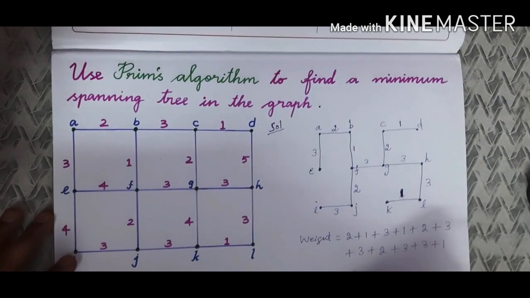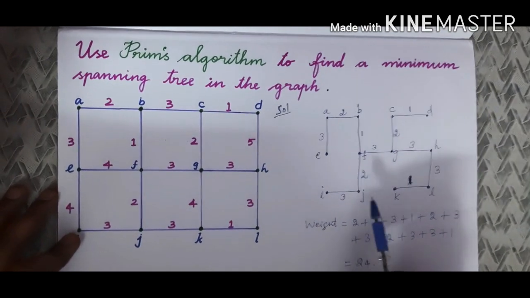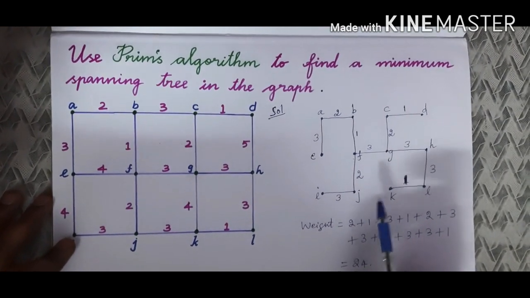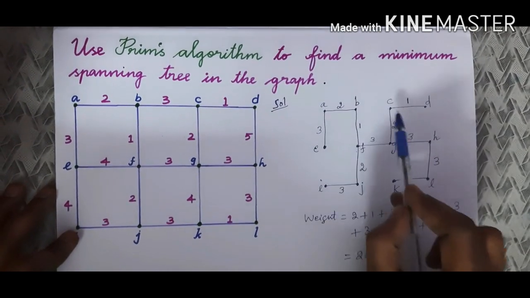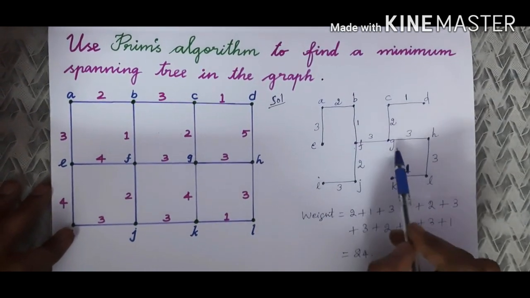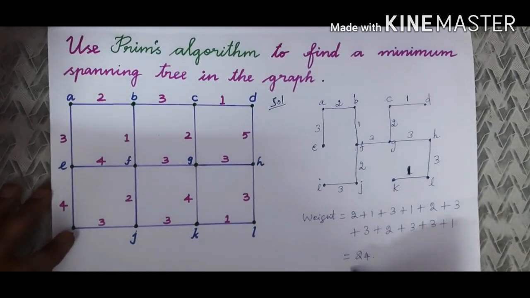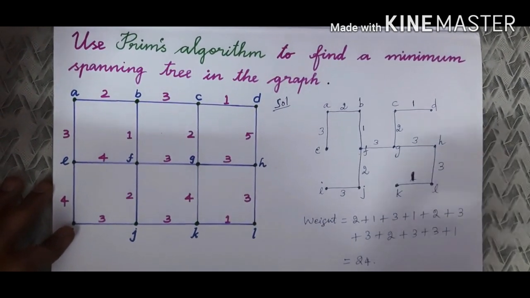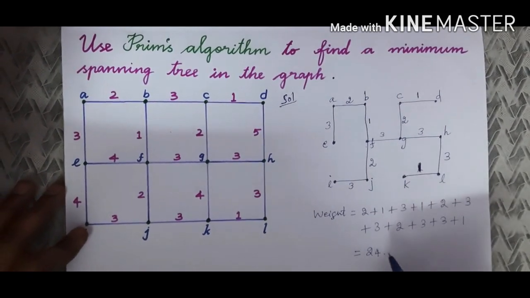The count is 24. Now this is the required minimum spanning tree, because look at the tree, all the vertices are covered: A, B, C, D, E, F, G, H, I, J, K, L, and the weight is also minimum. So this is the required minimum spanning tree using Prim's algorithm.